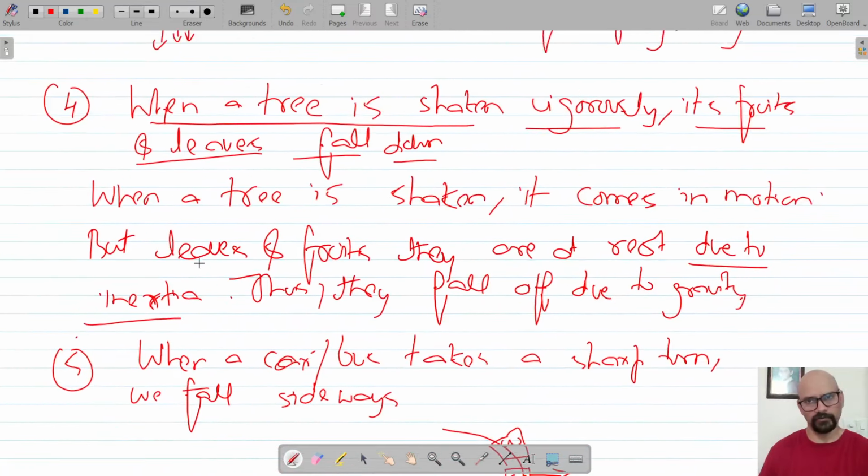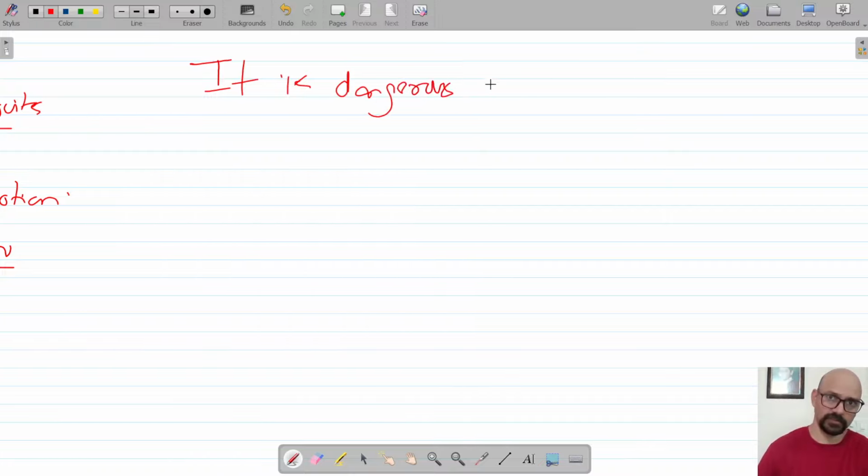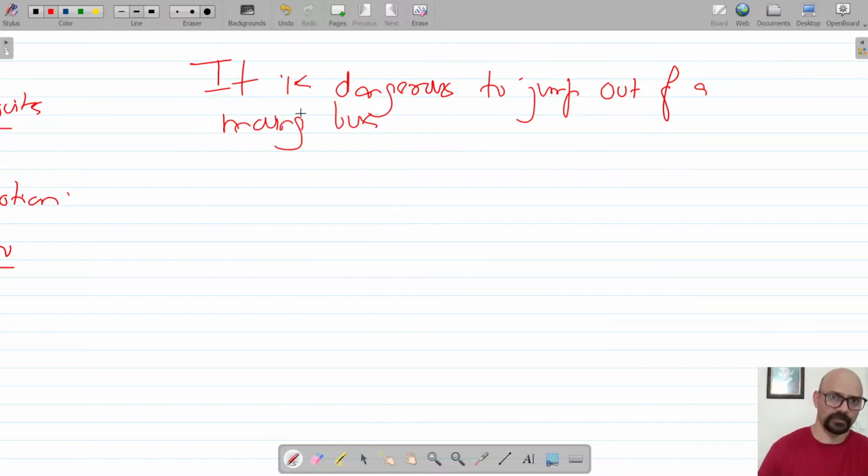And we can also get one more example for this. That is, it is dangerous to jump out of a moving bus. Why? So it is dangerous to jump out of a moving bus.